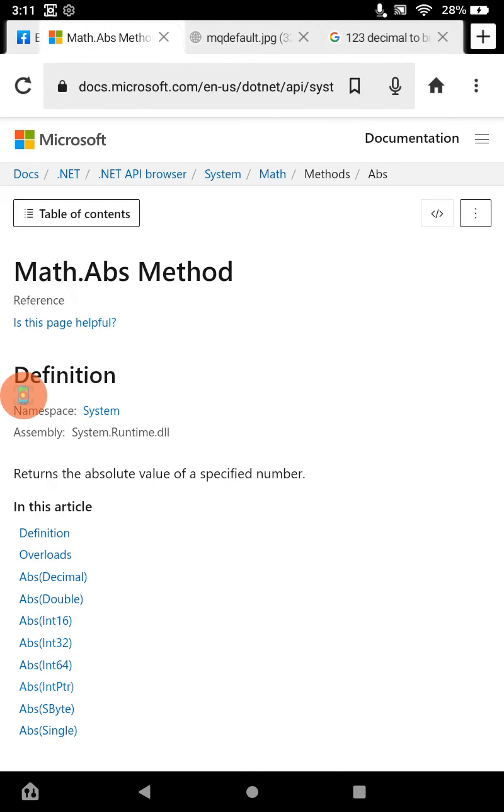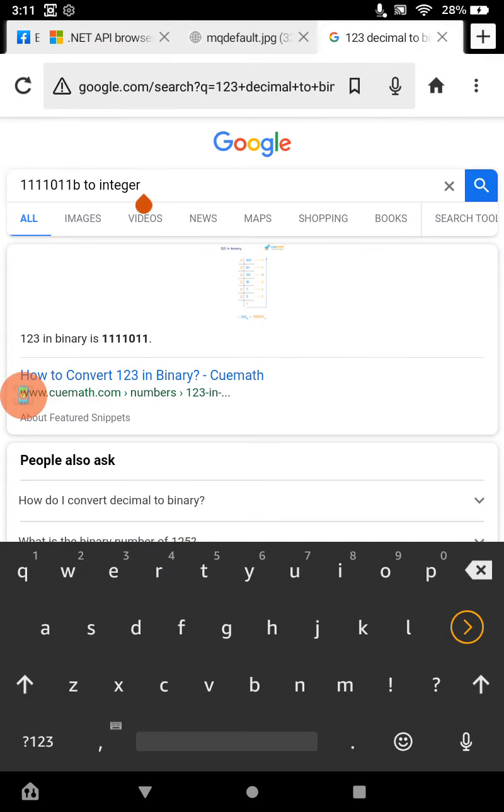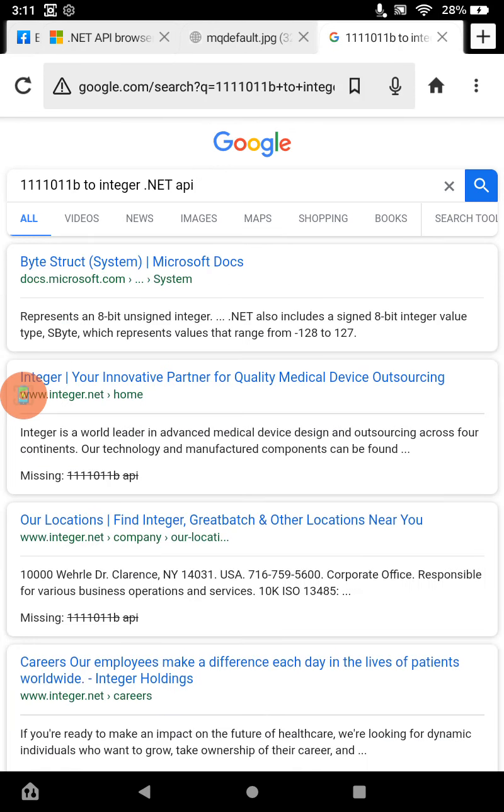Oh wait, here. It's a .NET API. Okay, so I'll just do this. .NET API. Let's see.